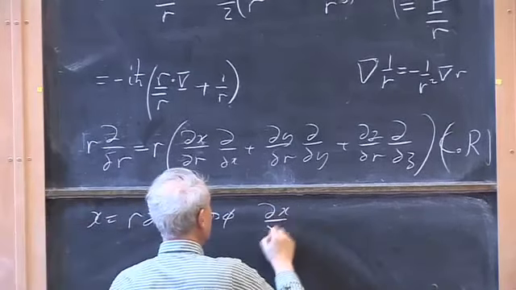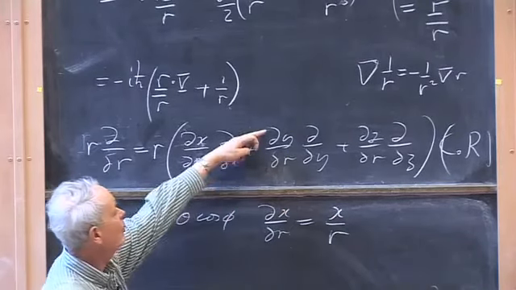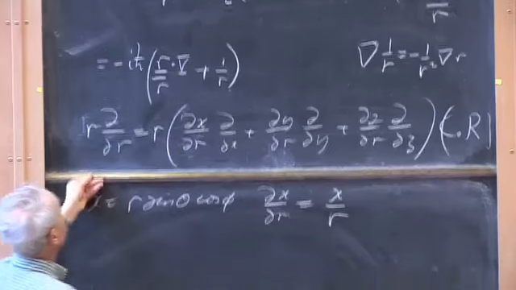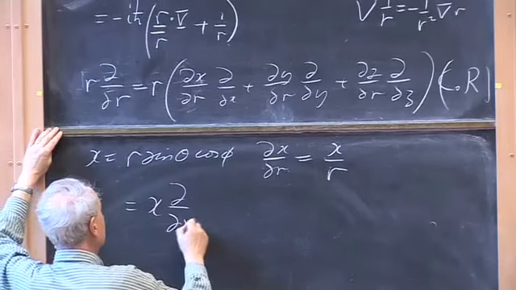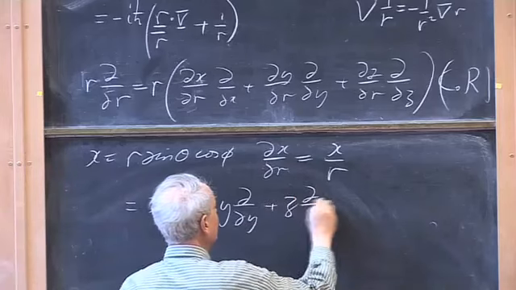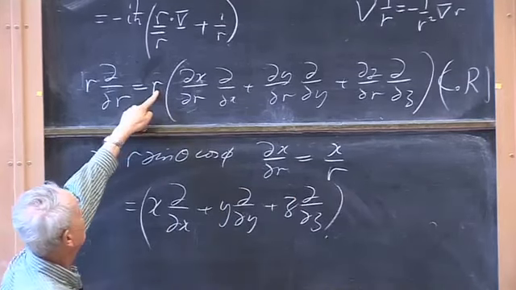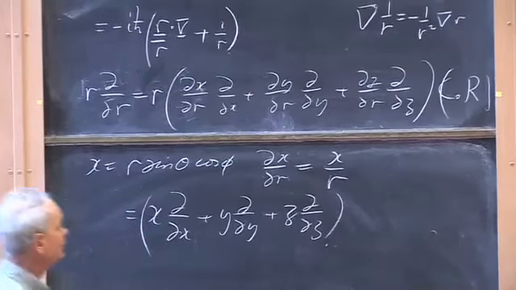So dx by dr is equal to x over r. And for the same reason, dy by dr is equal to y over r, and so on and so forth. So this is equal to x d by dx plus y d by dy plus z d by dz. Because this is x over r, but this r cancels the r on the bottom. Y over r cancels what's on the bottom.